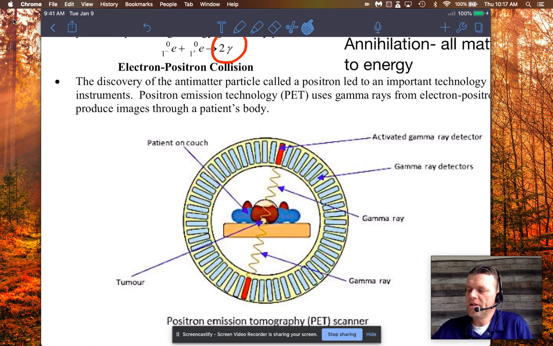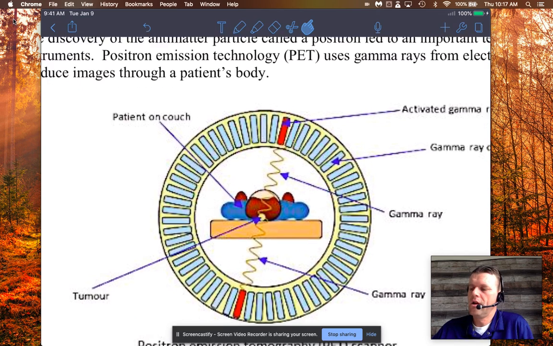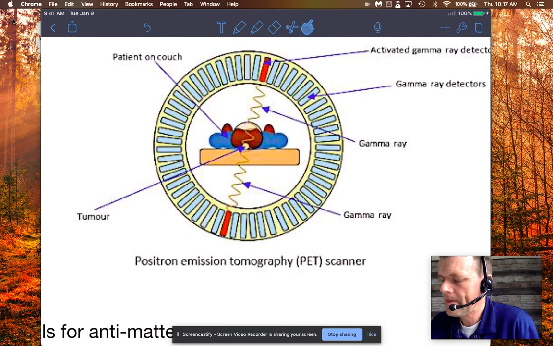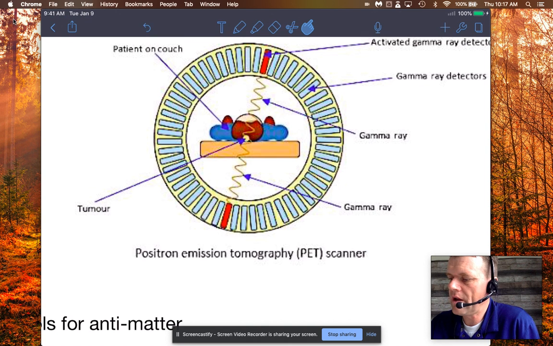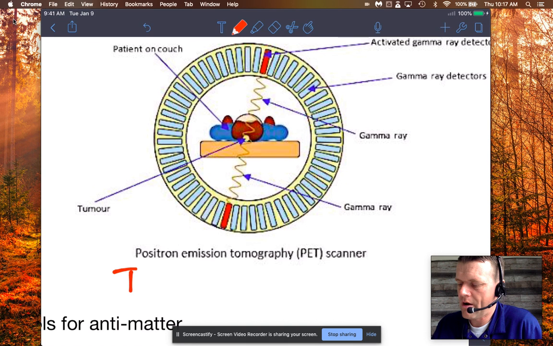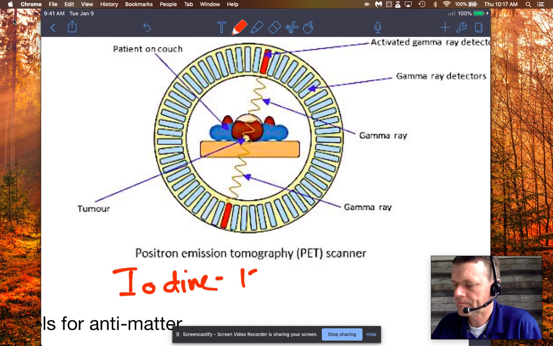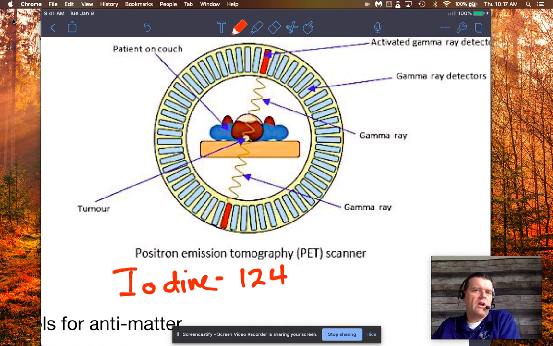Here's what's really cool: you actually use a radioactive isotope of some kind, and I had to look this up, but one of the most common ones is iodine-124. You can just insert that into an IV. Basically, iodine-124 is attached to a tracer protein or molecule of some kind that gets injected into your bloodstream.